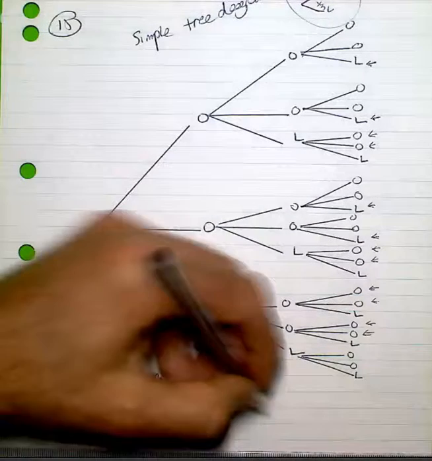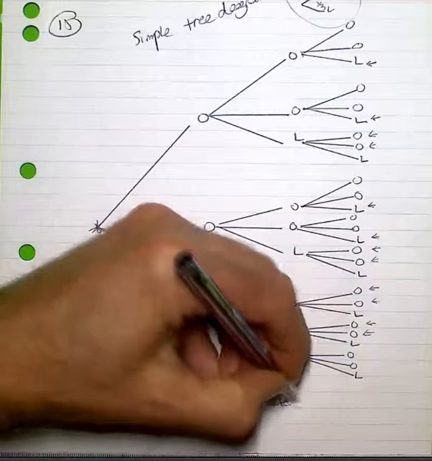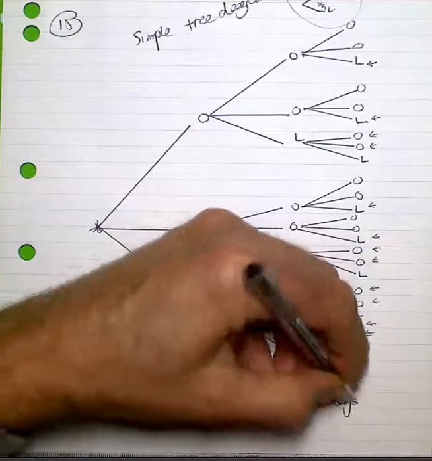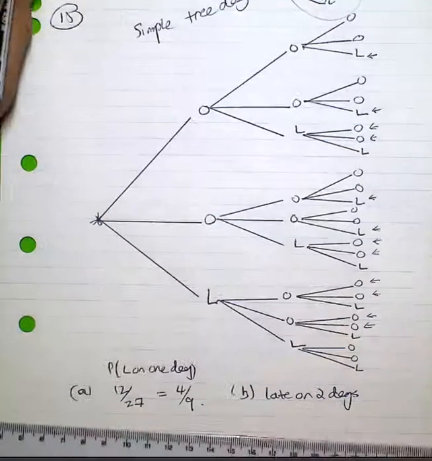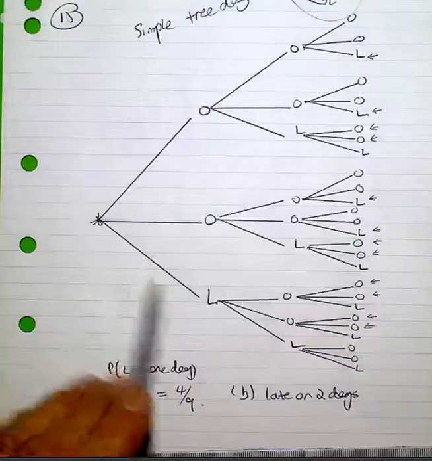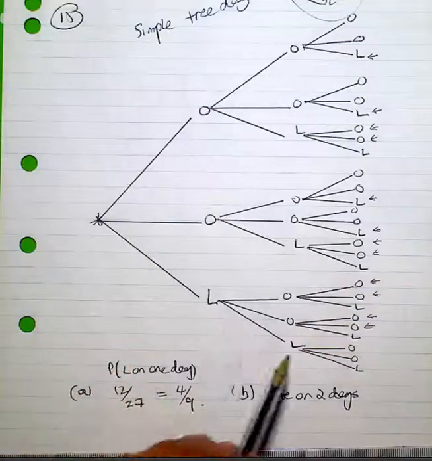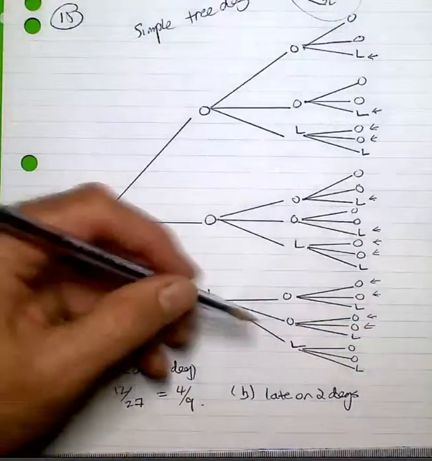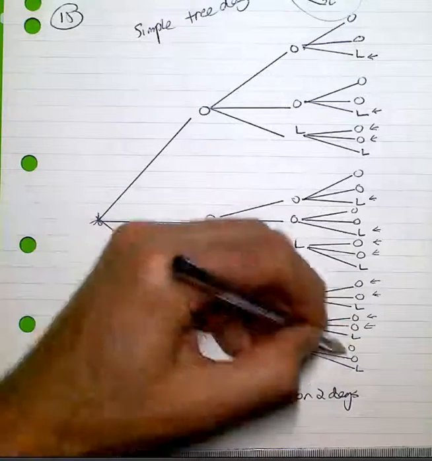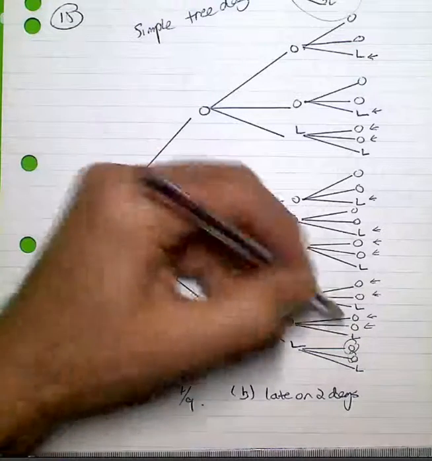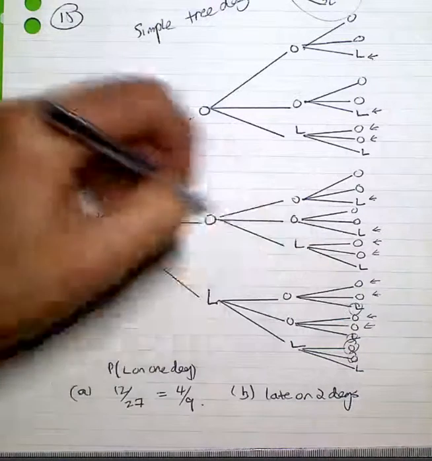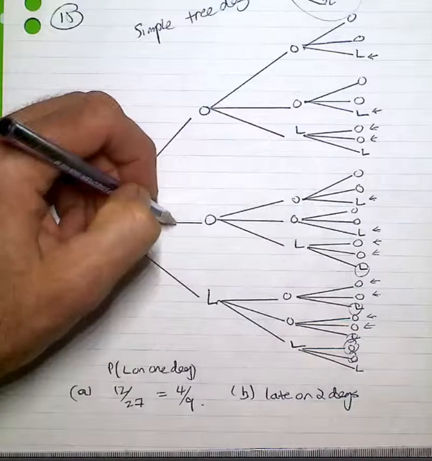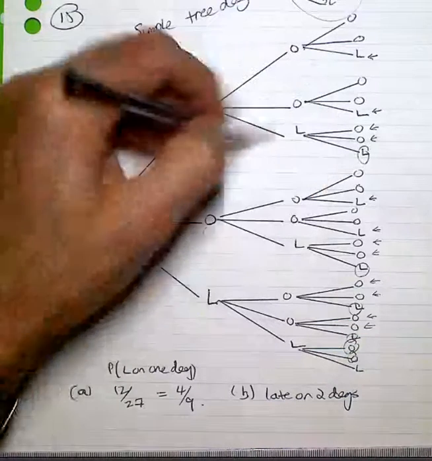In B, late on at least 2 days. Now, what I'm looking for there, I'm looking for a chain that involves late on 2 days. And if I go through and work that out, I'll have a total of 1, 2, 3, 4, 5, 6.